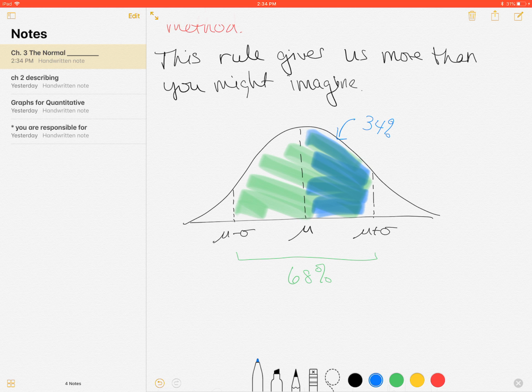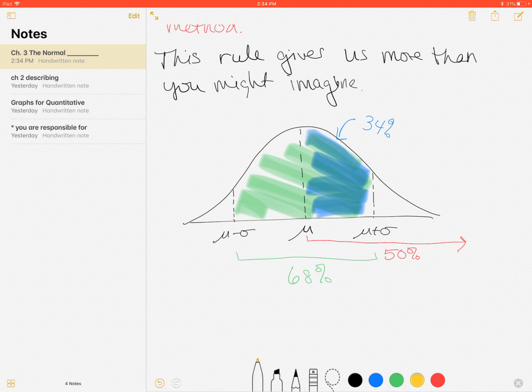But we also know that the entire right half of the graph, since mu is not only the mean, it's also the median, we know that 50% of the data is on this side.